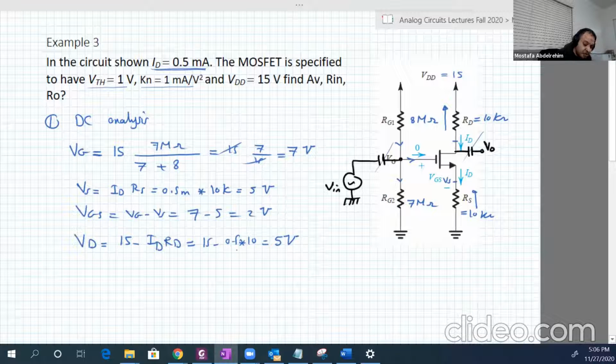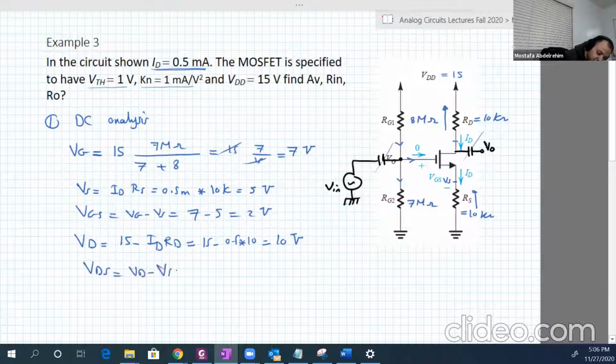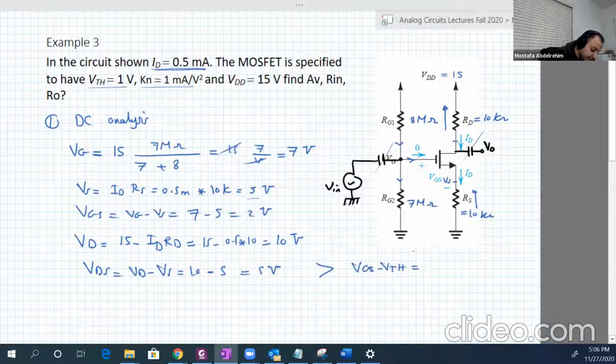So 10 multiplied by half is 5, and 15 minus 5 is 10 volt. Okay, so VDS is equal to VD minus VS, 10 minus 5. So this is 5. And this is larger than VGS minus V threshold, which is 2 minus 1, which is 1. So we are working in saturation.